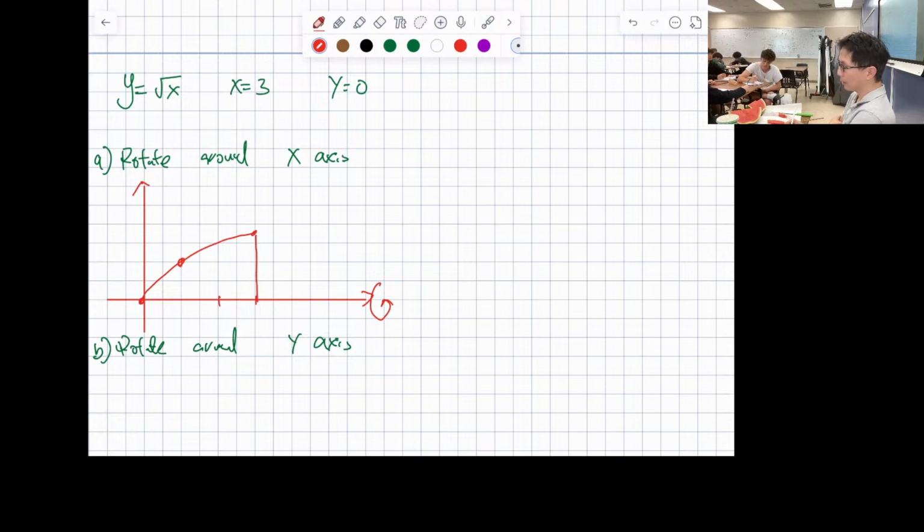Within 0 to 3, I'm going to draw from the axis of rotation. It's not from the boundary to the axis of rotation, it's from the axis of rotation to the boundary. This is very, very important. It's going to be like this. Do you draw the arrow facing up or facing down? You don't want the arrow facing down because that doesn't make sense, because your rotation starts with that dot to the arrow.